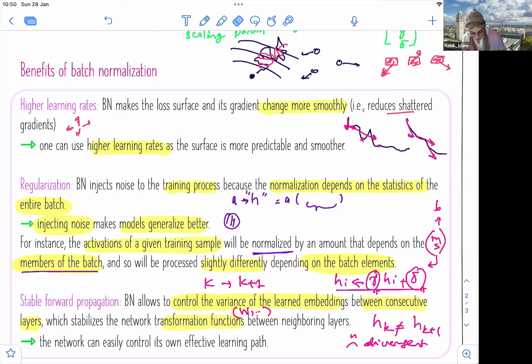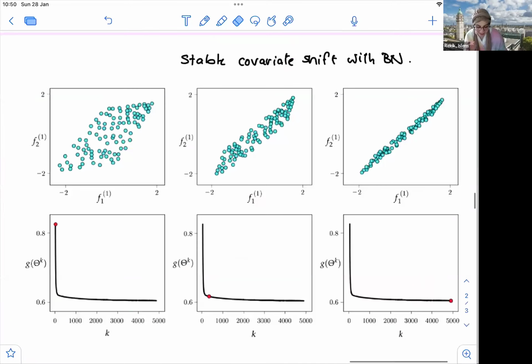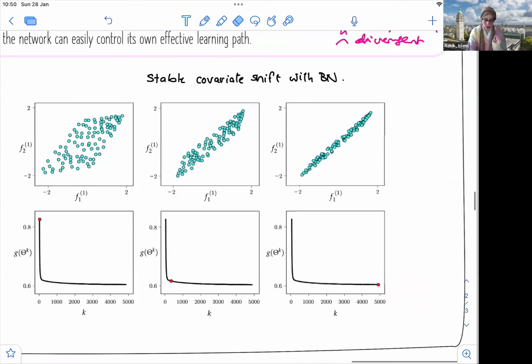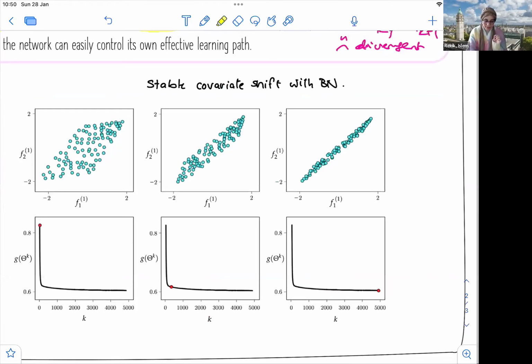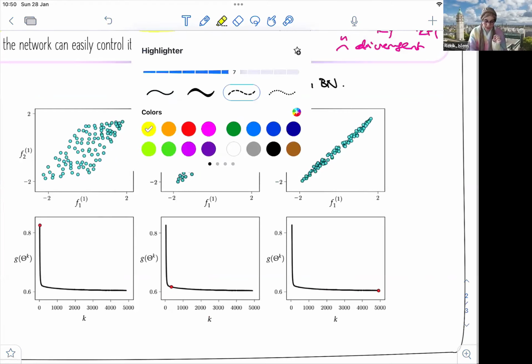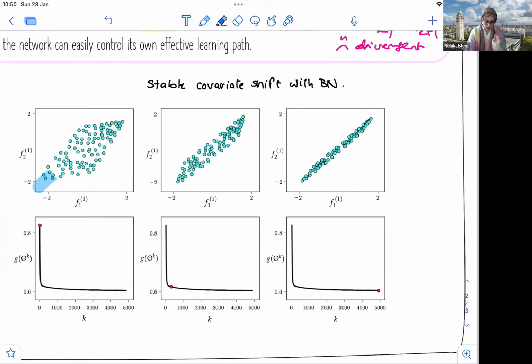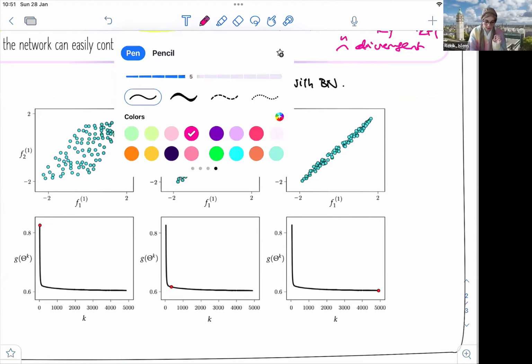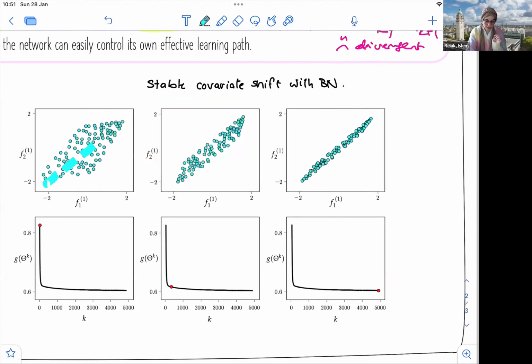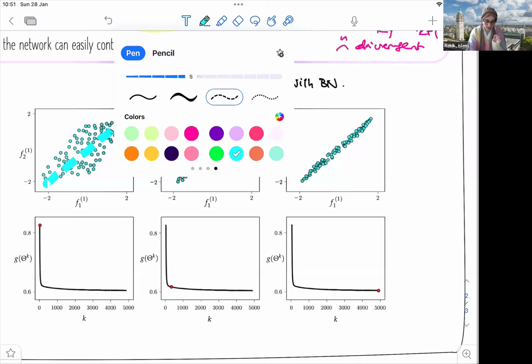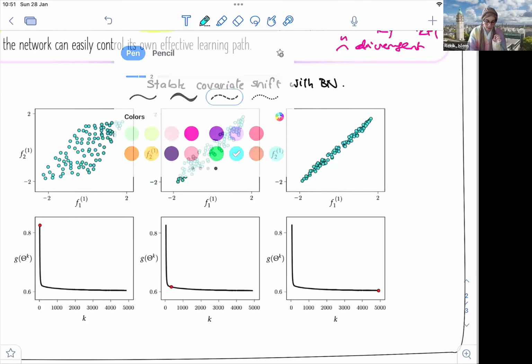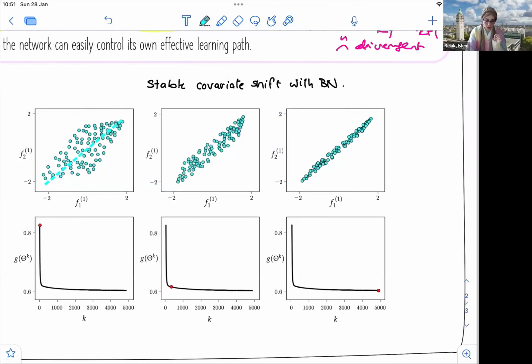And here we can see this clearly in this figure. So when we add batch normalization, you guys can see that even if the distribution of the covariates is changing, it still follows the same path. So it still kind of follows the same direction.